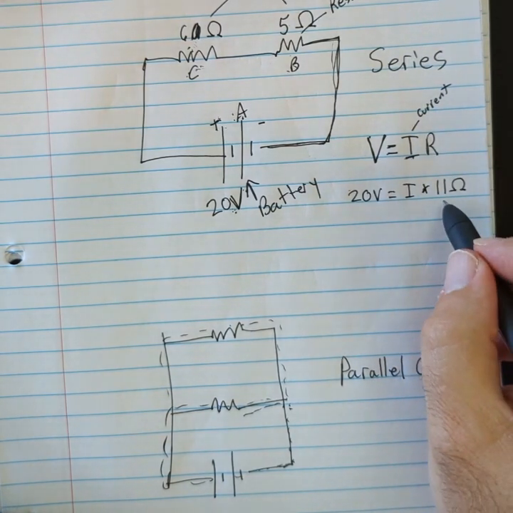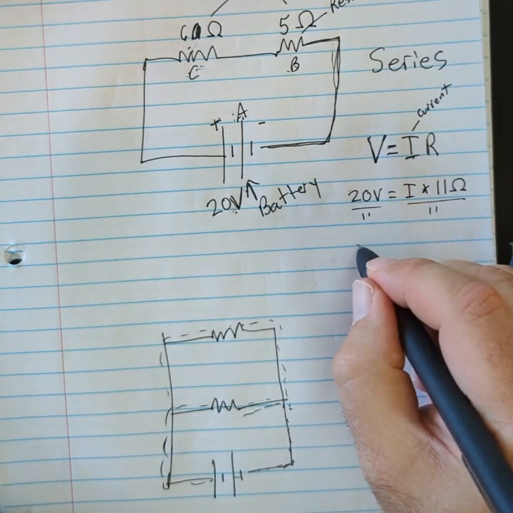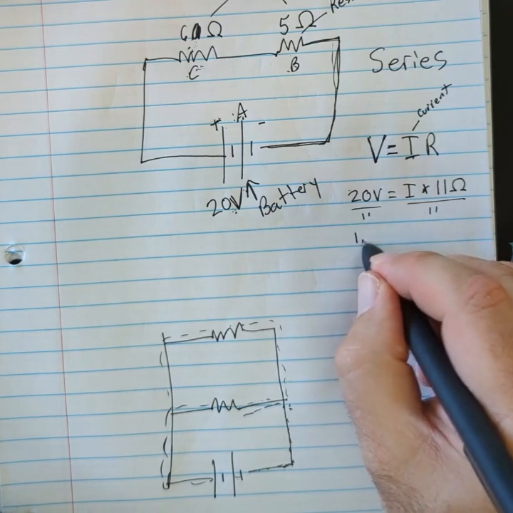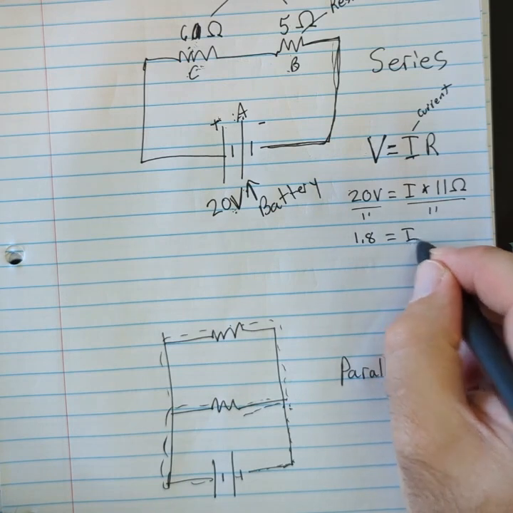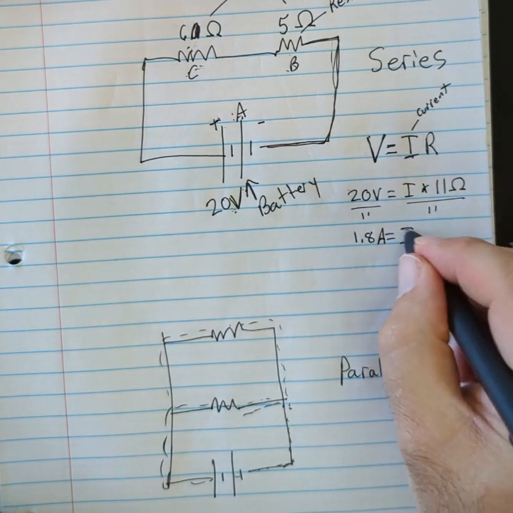And so then I'm going to divide both sides by 11, and I find out that it's like 1.8 equals I. And that's going to be in a unit called amps or amperes.